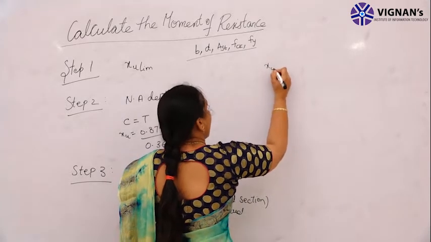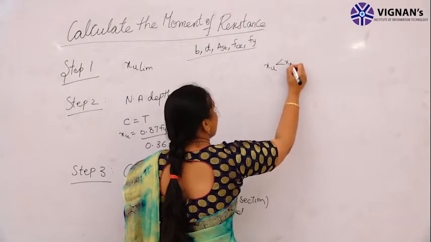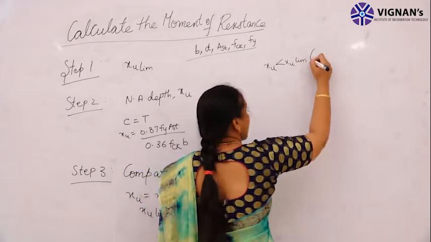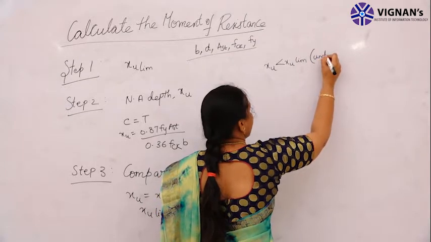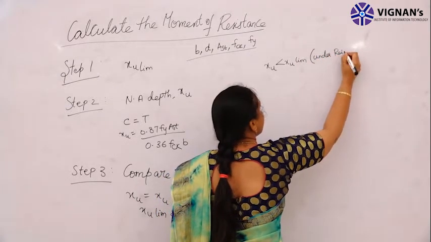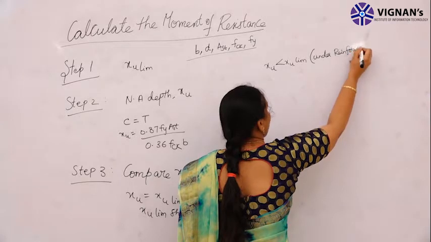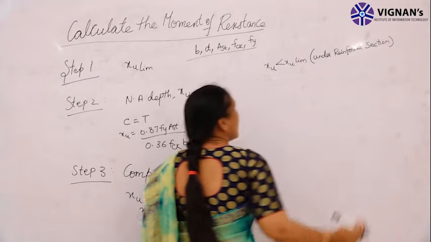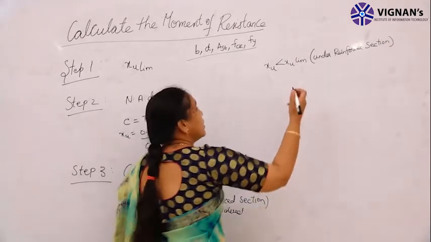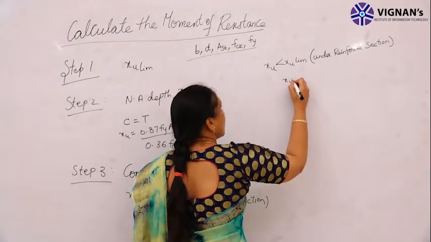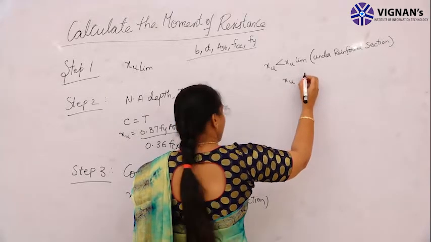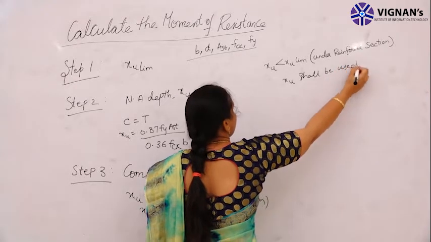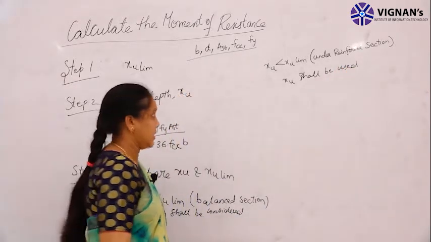If XU is less than XU limit, then such a section is called an under reinforced section, and XU shall be used in calculating the moment of resistance.